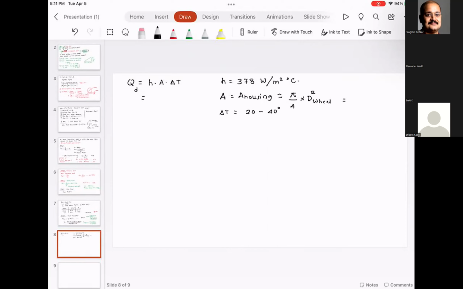So you can substitute H as 378 multiplied by pi by 4 diameter of wheel square multiplied by, let's say, 30 degrees, and you will find the value of QD. This heat dissipation capacity should be greater than the heat generated. That means the design is safe from thermal considerations.